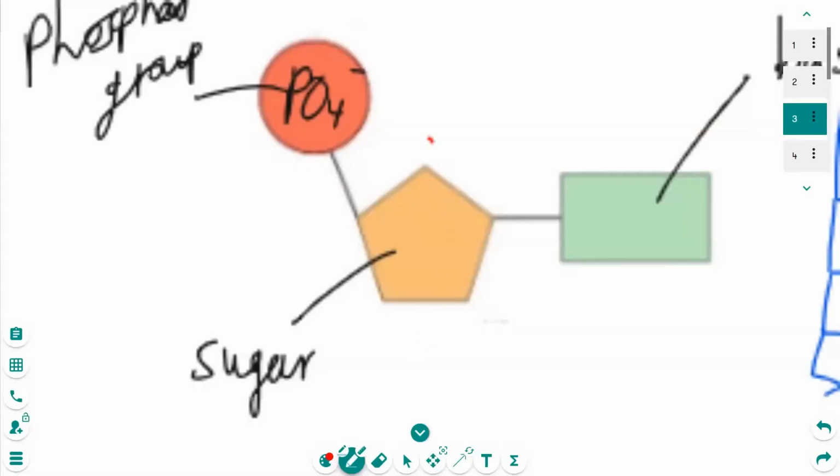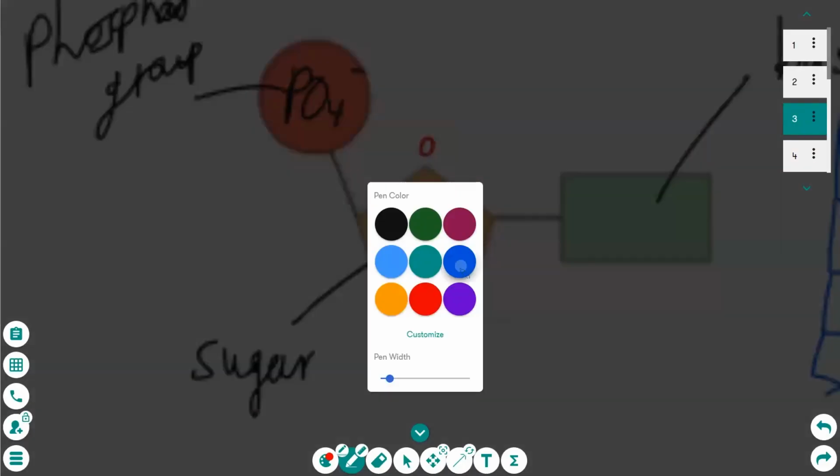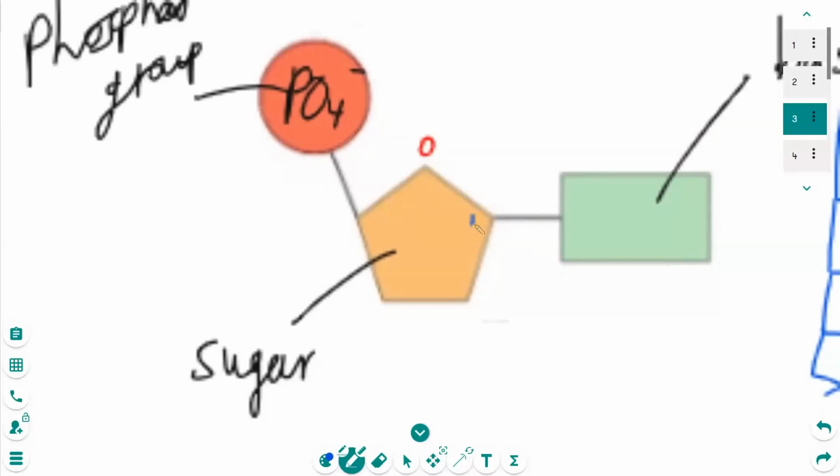So this is the oxygen, and we label the carbons as 1 prime, 2 prime, 3 prime, 4 prime, and the 5 prime carbon is out of this ring.